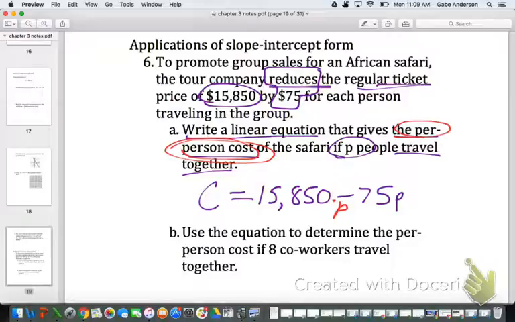Thankfully the original price is not 15,850 times the number of people, right? Because if you had 10 people going, wouldn't each person have to pay $15,850 times 10? We're talking about like $160,000 now, minus 750. That's not a good deal.